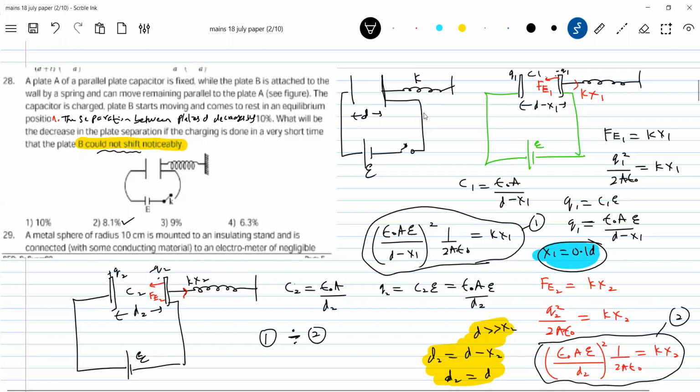Sir, what difference does it make if we are charging it slowly or instantaneously? You are not permitting at that instant when charge gets deposited this elongation, because of this value, d minus x2.